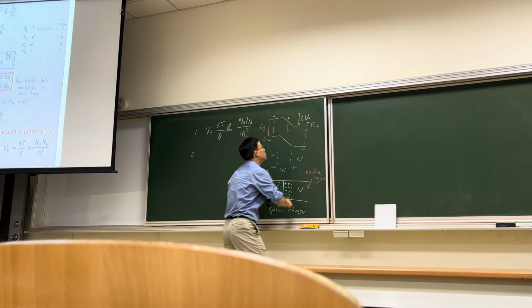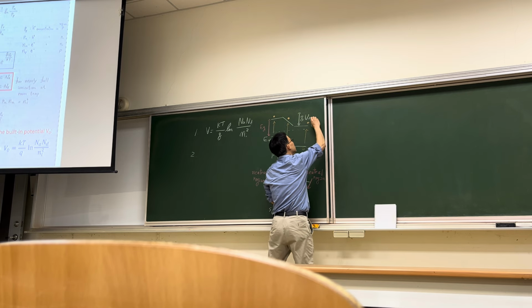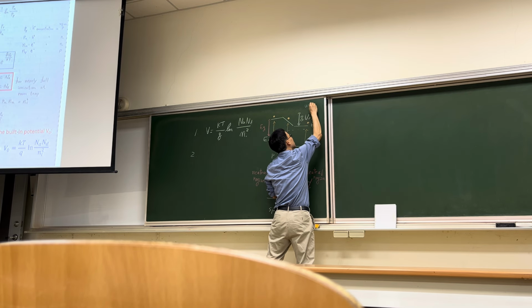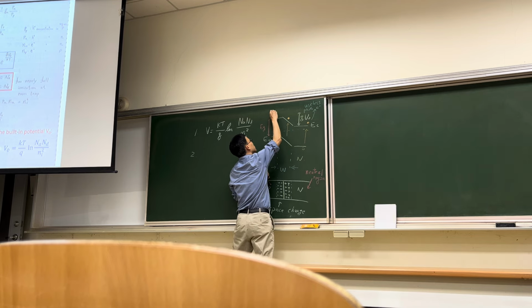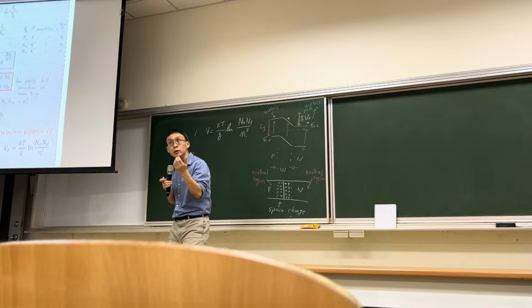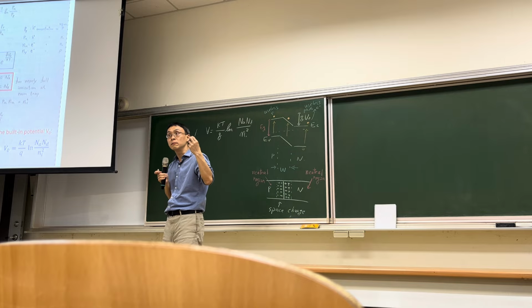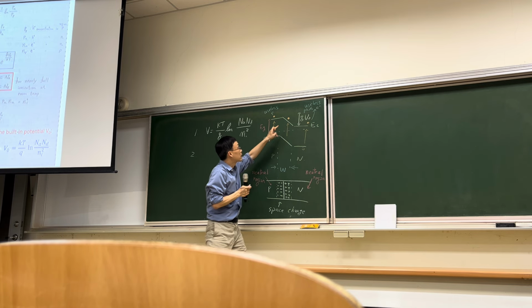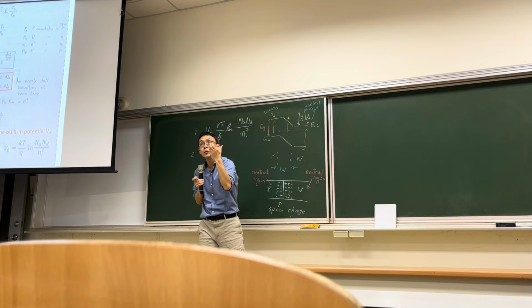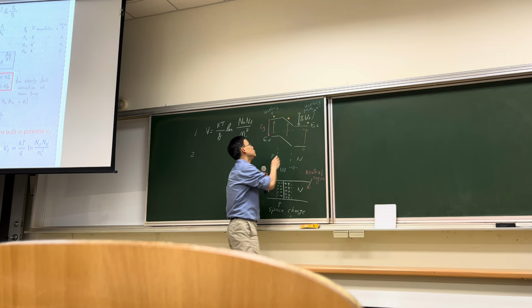So we call these useless photoelectrons. Useless means although they are free, they are not moving in the direction you like. Only the electrons excited within the depletion region, within the space charge region, are usable.